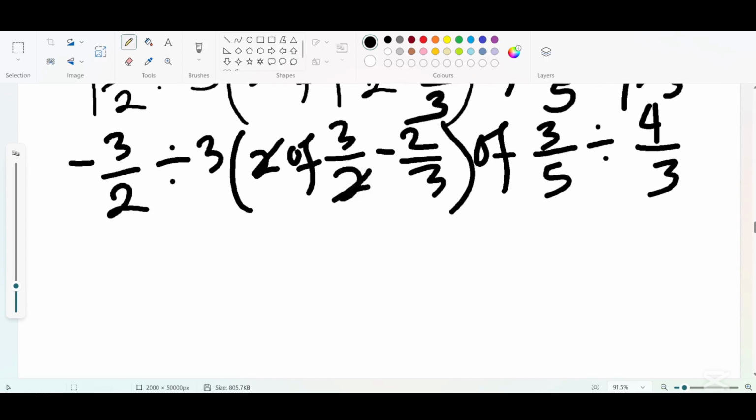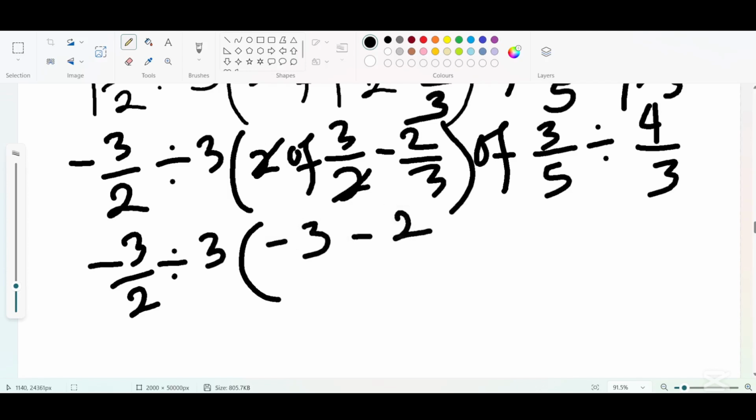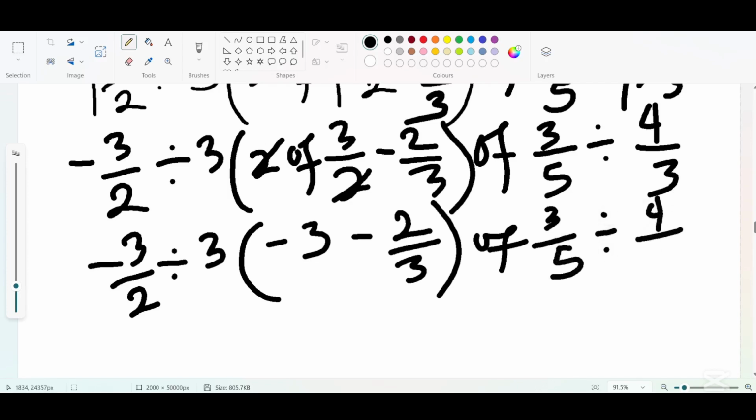So at this point, we resolve the of. So we can cut this. Minus 3 all over 2 divided by 3 is going to be minus 3 left here. Then minus 2 all over 3 of 3 over 5 divided by 4 all over 3. So here now we'll resolve this one into a single fraction by using this to multiply this.